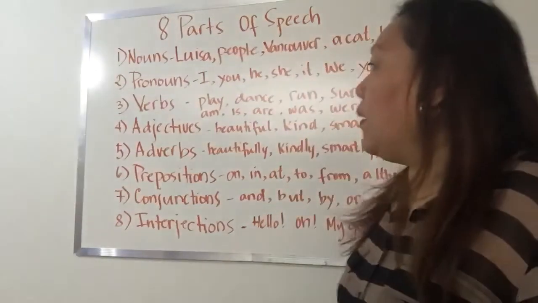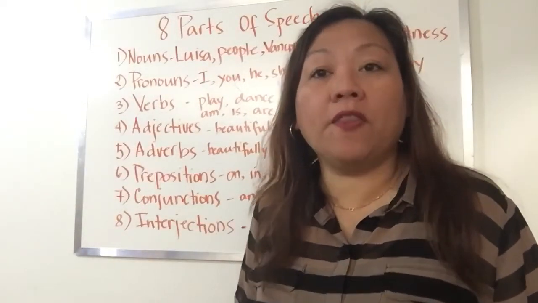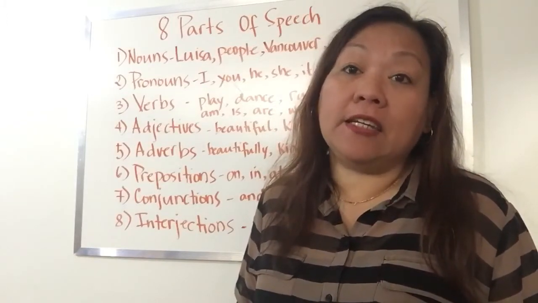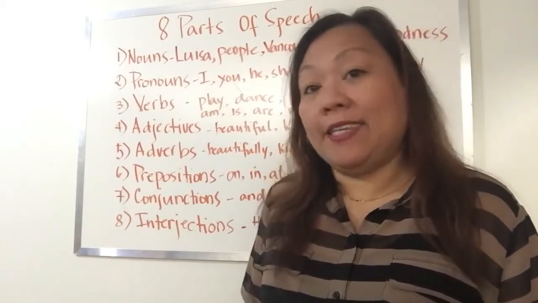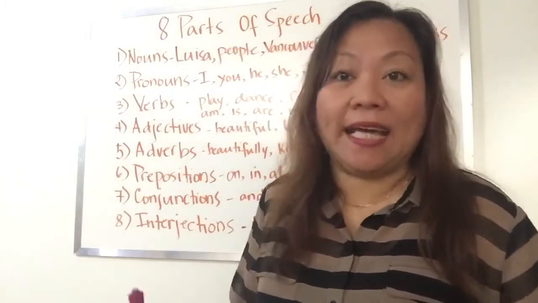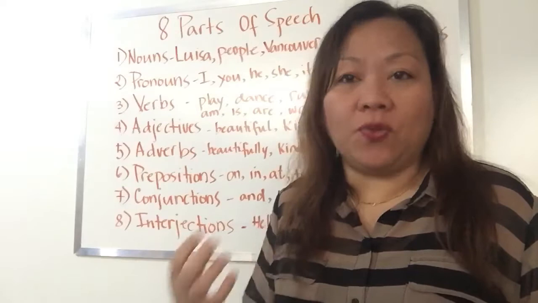Okay? Now, the third example are the verbs. So what are verbs? Verbs are usually action words. And these are the things that we do or things that we don't do if it's negative. But not all verbs are action words.